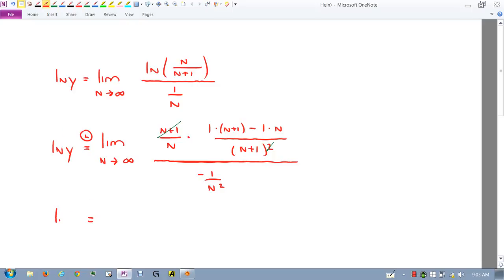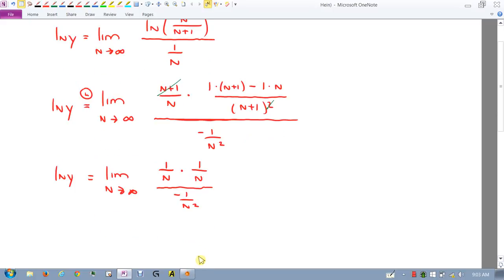Go with me? So we had a 1 over n. Now we're going to have another 1 over n. And then over negative 1 over n squared. And I think when you flip things around, that's just negative 1. Clean it up, cancel n's out, you get negative 1. So natural log of y equals negative 1.